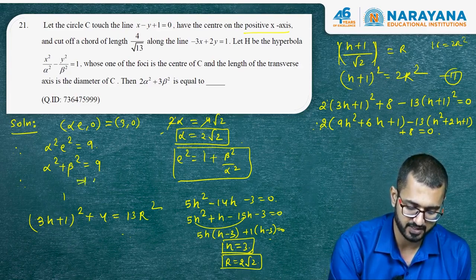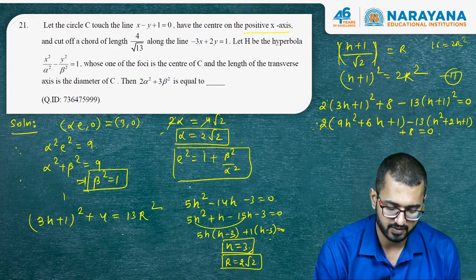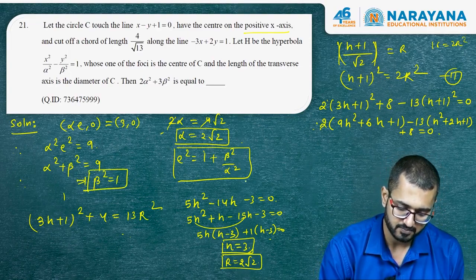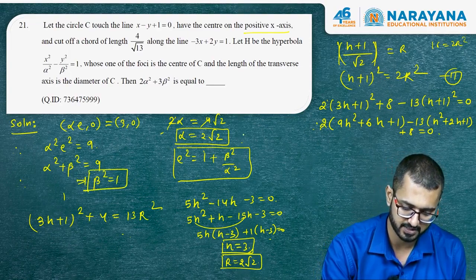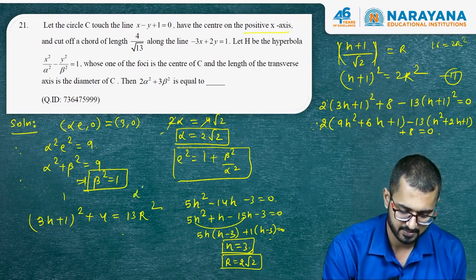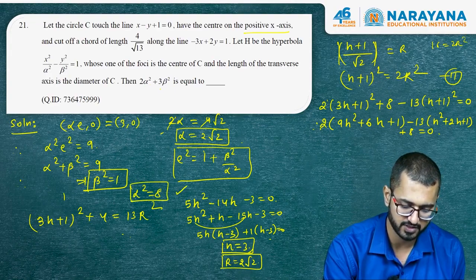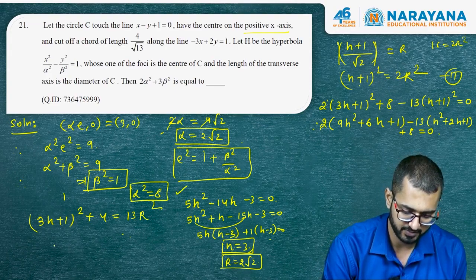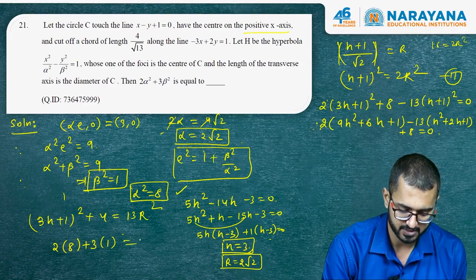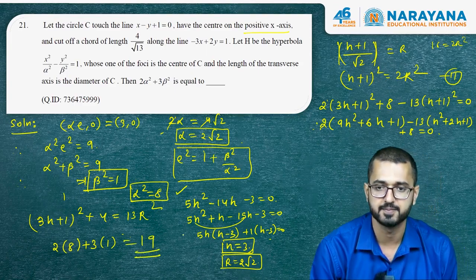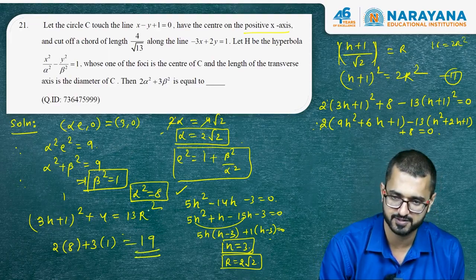So from here we get β² is equal to 1. So α² is 8 and β² is 1. Let's plug in the values here. This will give me 2 times 8 plus 3 times 1. So 16 plus 3 will give me 19. So 19 would be the correct answer for this.